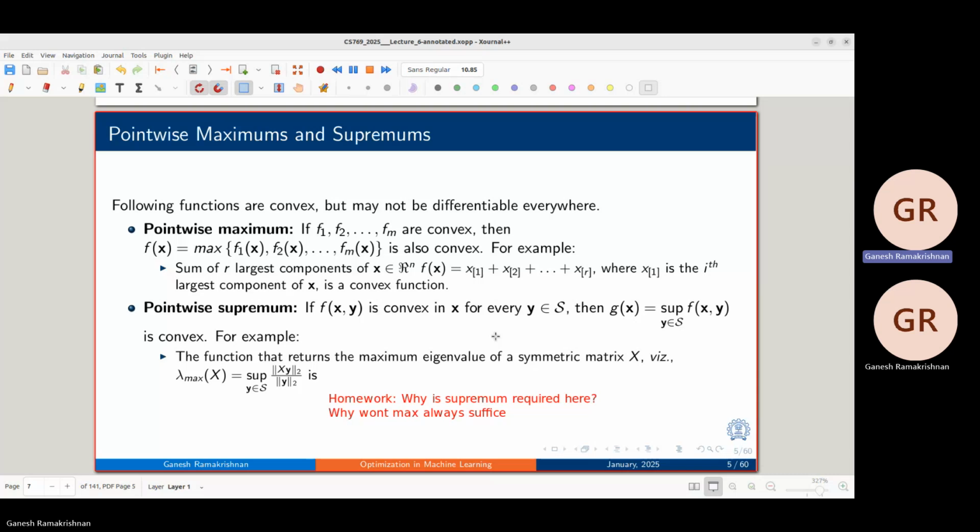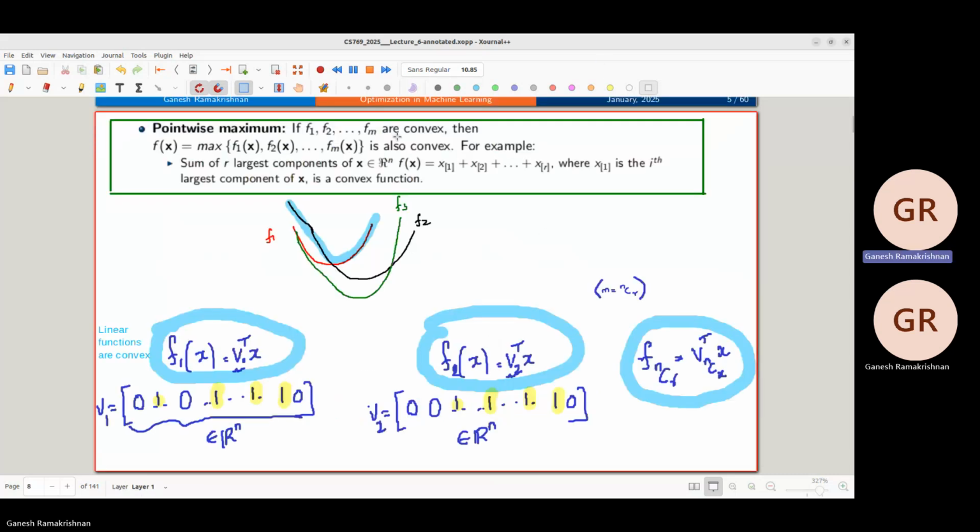Let's understand this a little bit more. I've shown the same thing here. If I have multiple functions and take the pointwise max of all of those, it's basically like the envelope at the top. Earlier we talked about the case of matrix completion, where we talked about the spectral norm.